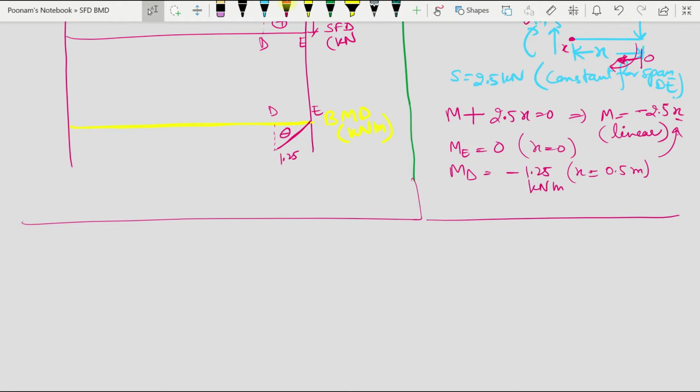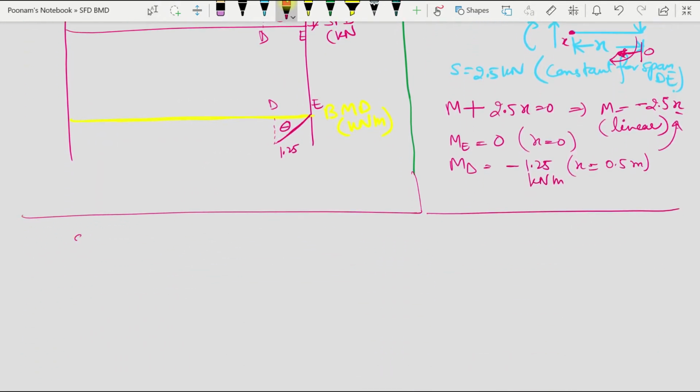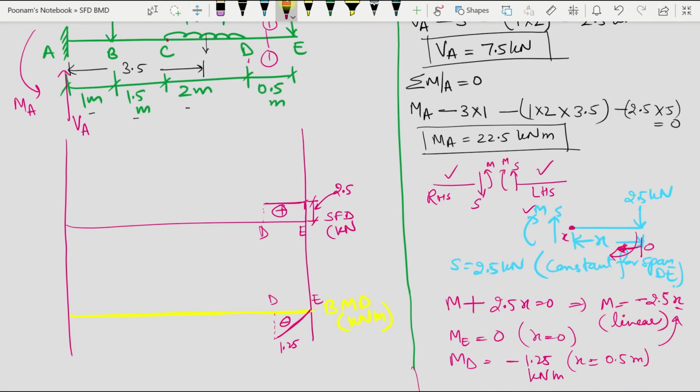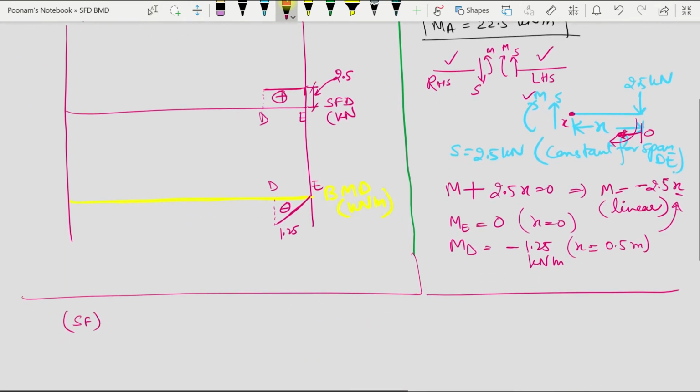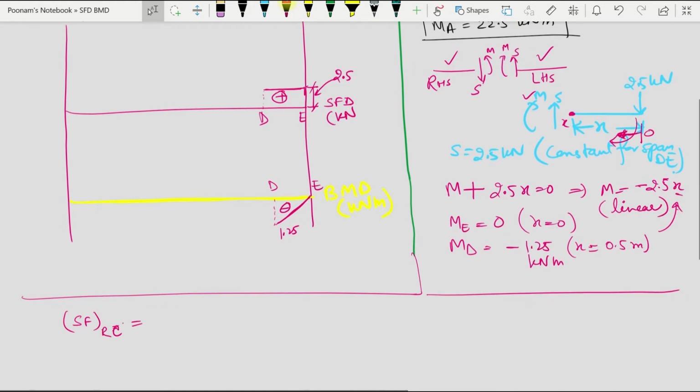So I'll find out the shear force at point C. I'll find out the shear force just right of point C. It will be the sum of all the forces here.